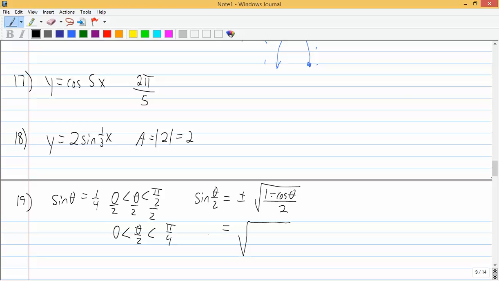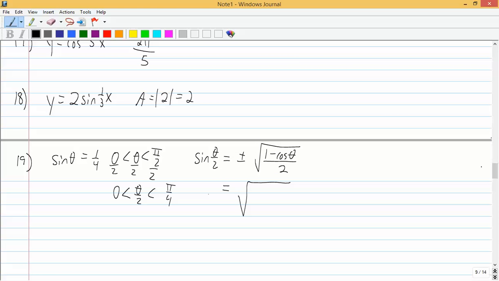We're not given cosine, we're given sine. So if we use x, y, and r, then we can solve for cosine of theta. We have sine. So remember, that's y over r. I need to solve for x because cosine is x over r. So I need cosine theta. All right, so x squared plus y squared, which is 1 squared, equals 4 squared, which is 16.